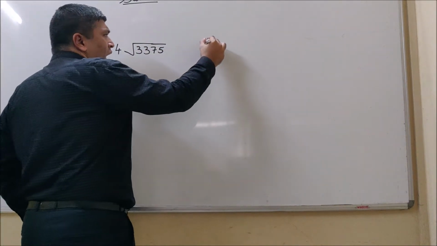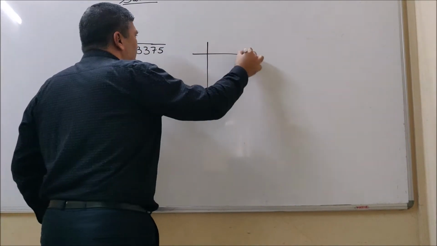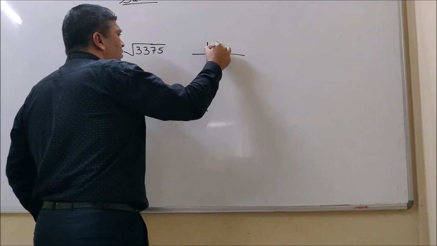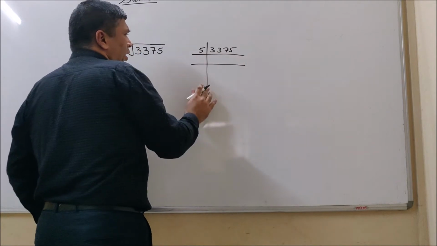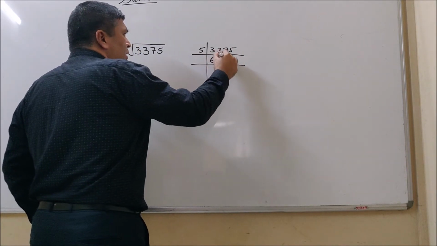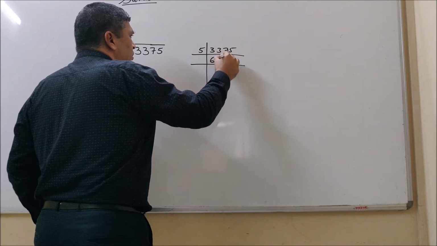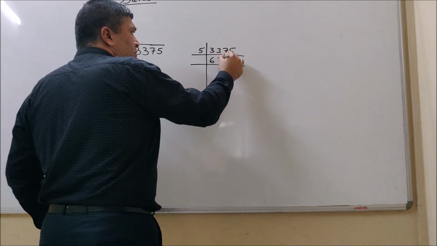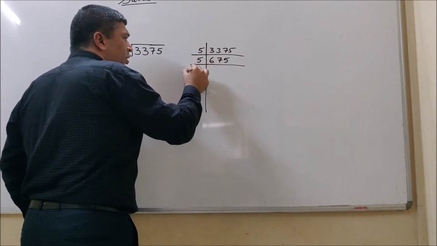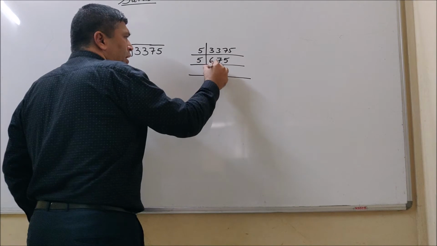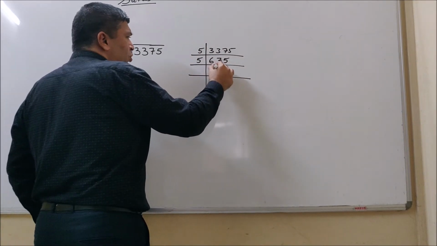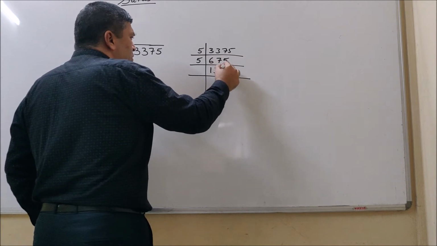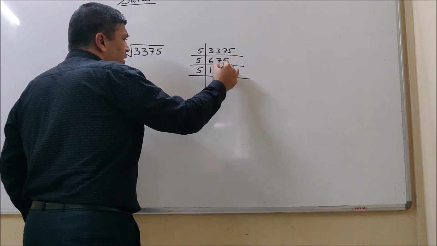What I'll do is, I'll just find the prime factorization of this number 3375. Simple prime factorization is going on and it's quite easy.